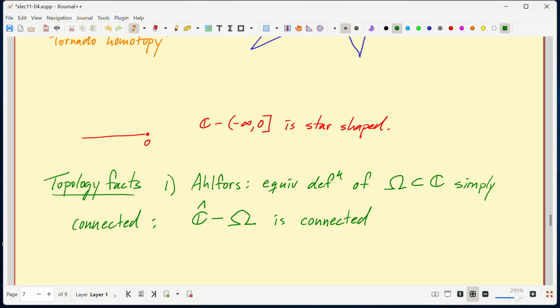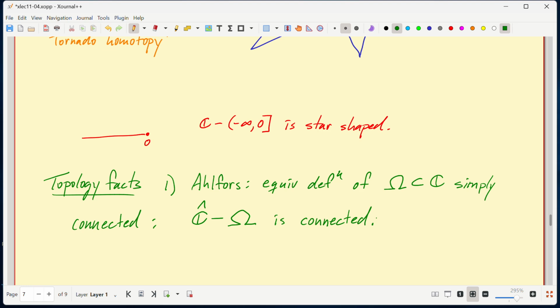I mean, omega won't have holes, but the extended complex plane minus omega is connected. That turns out to be equivalent. And so the feeling is that omega doesn't have any compact holes, because if it did, then that'd be more than one piece.